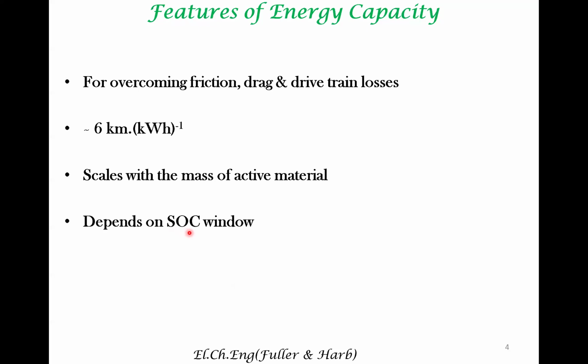If you discharge to a smaller SOC, let's say 50% or 70% SOC, then you may get less energy out of the battery, but you may be able to have the battery for more cycles. However, if you discharge 80% of the battery, of course, you are going to get more energy, but the number of times you can discharge and charge the battery will be lesser. So this trade-off depends upon the battery chemistry and other considerations.